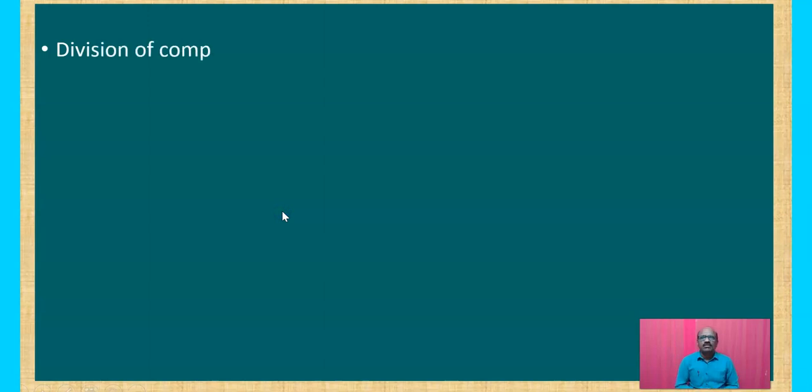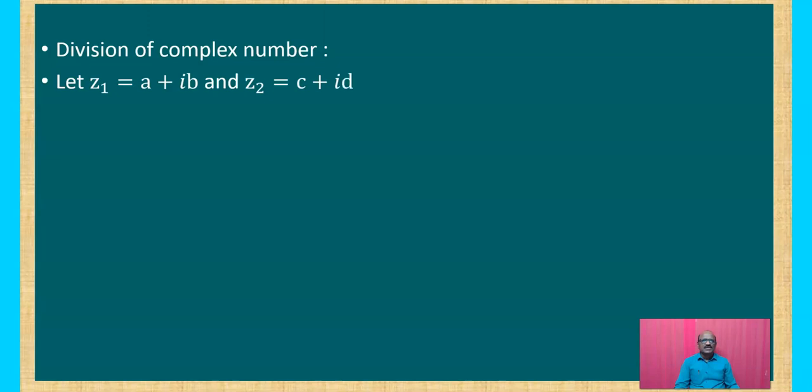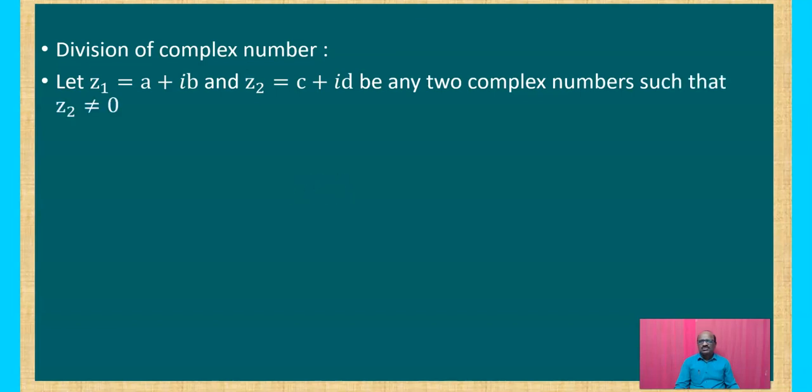Now the division of complex numbers. The first is, let z1 equal a plus ib and z2 equal c plus id be any two complex numbers such that z2 is not equal to 0.